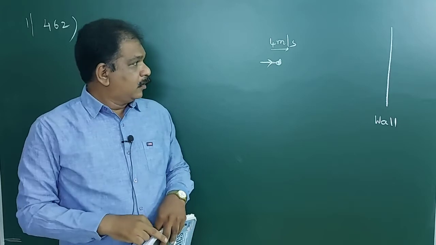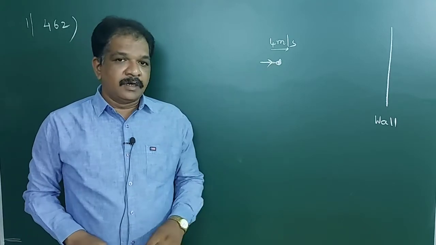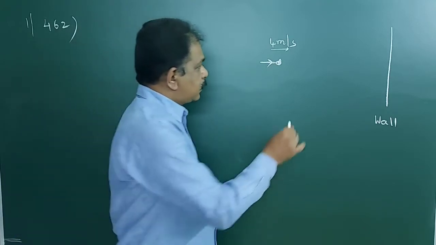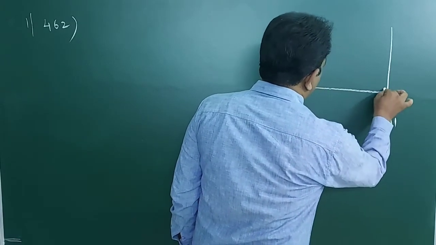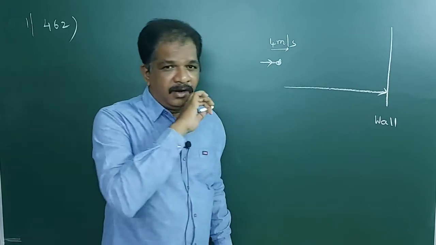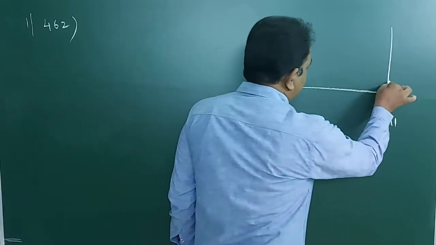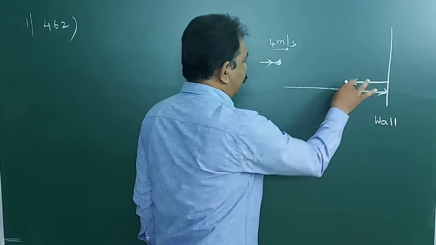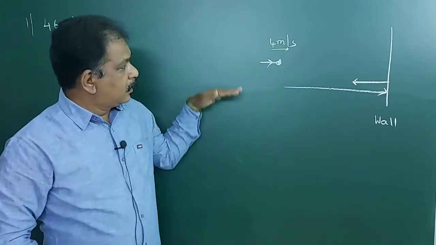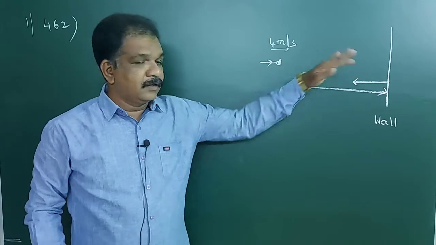Now it produces sound. This sound will travel like this, reach the wall, and again it is coming back like this. It is reflecting like this. At the time this bat is moving like this.